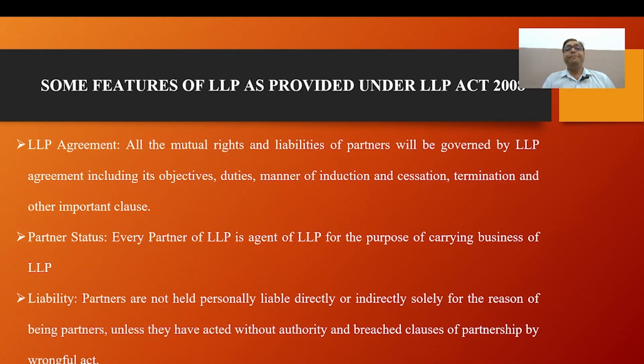Every partner of LLP is an agent of the LLP for the purpose of carrying on the business of the LLP. And the fifth point is liability. Partners are not held personally liable, directly or indirectly, by reason of being partners, unless they have acted without authority and breached the partnership by a wrongful act.